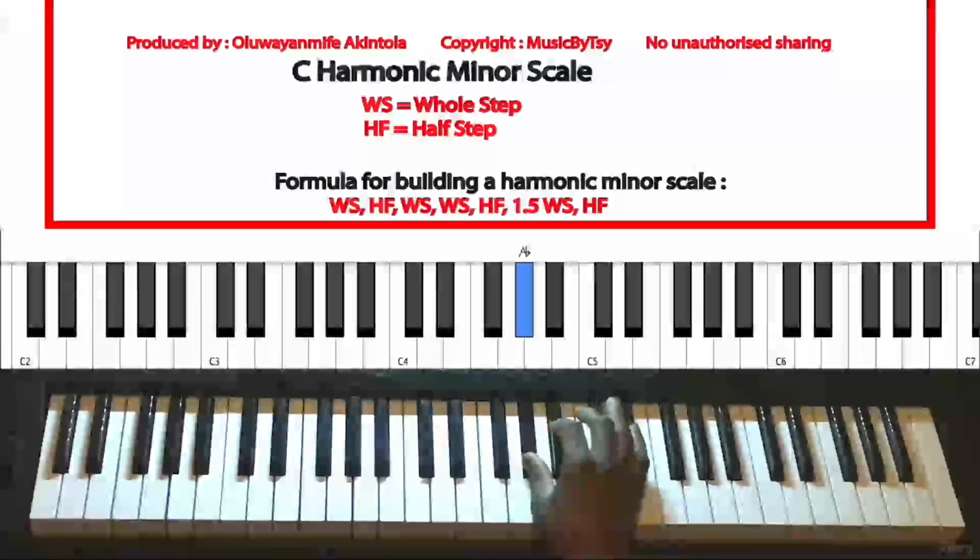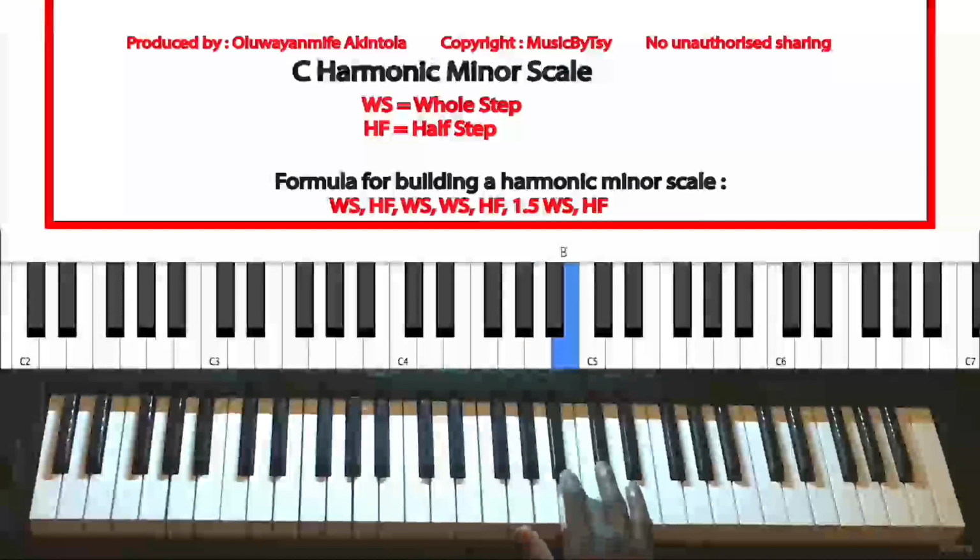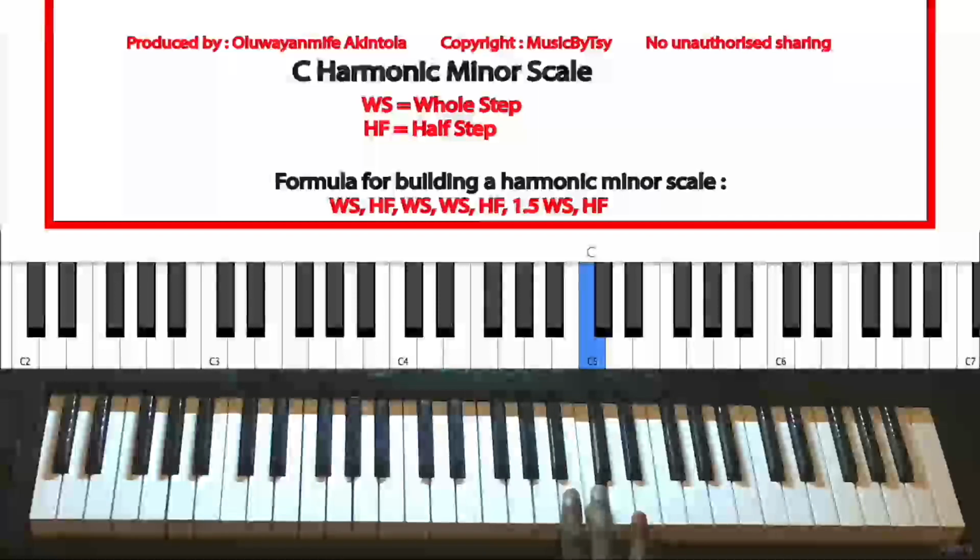Now the seventh note would have been B flat if we were playing the C natural minor scale, but because we are playing the C harmonic minor scale, the seventh note is going to be B. See that? So we've increased the seventh note by a half step. And the last note is going to be C. That is the C harmonic minor scale.